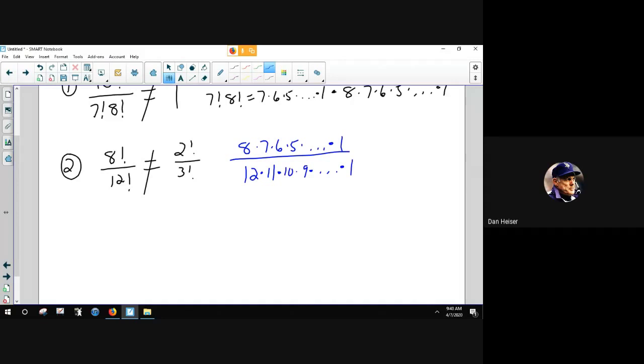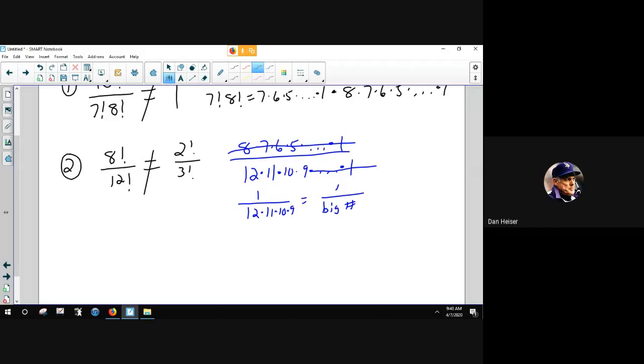What ends up happening, if we just leave it as is, all of these terms cancel all of these terms, and you're left with 1 over 12 times 11 times 10 times 9. 1 over a big number.